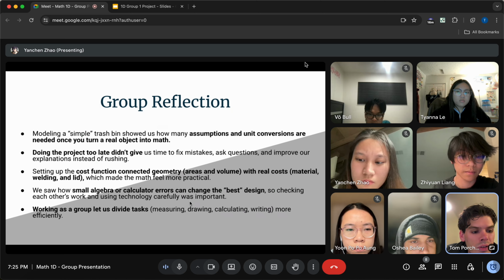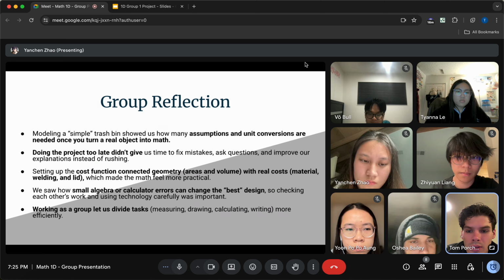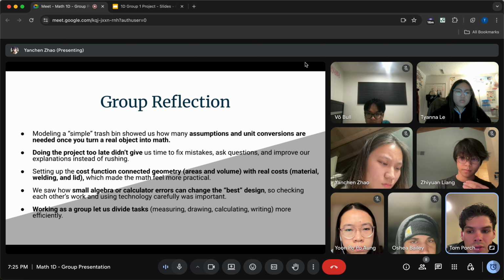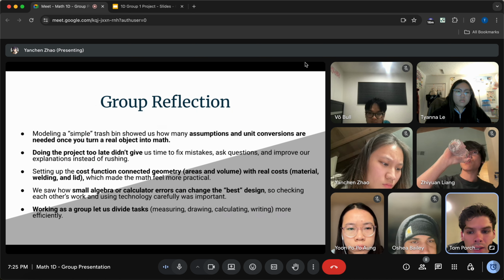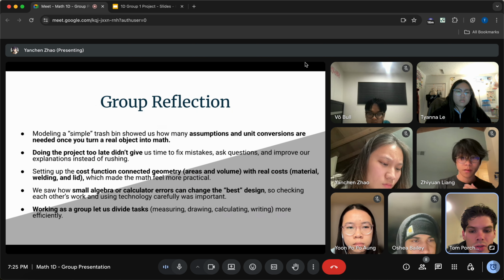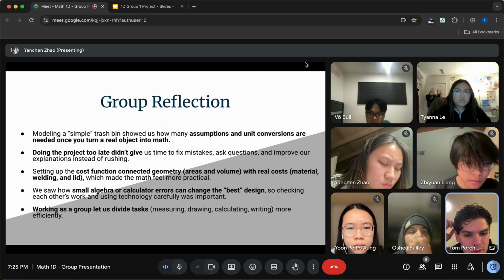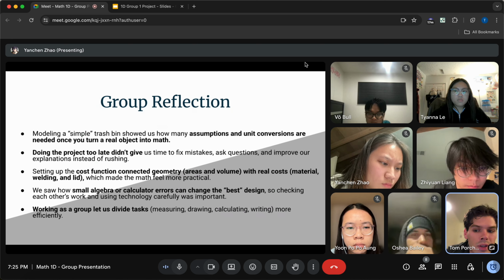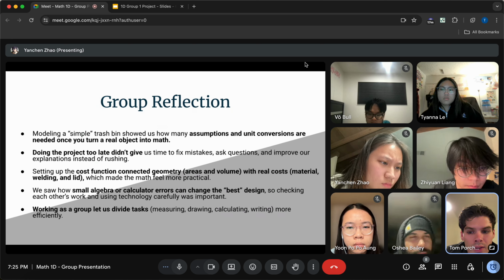After meeting several times as a group, we ended up having the following reflections. The first one is that modeling a simple trash bin showed that assumptions and unit conversions are needed once you turn a real object into math and do all the mathematical modeling.